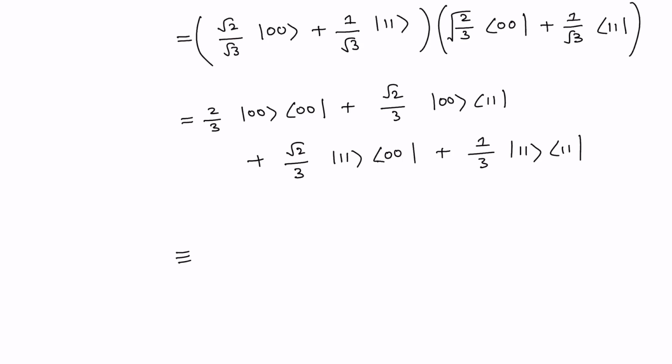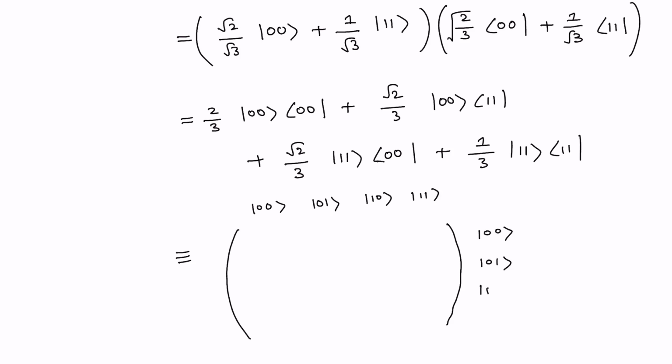Therefore the density matrix would be as follows. Again, you just arrange the rows as 00, 01, 10, 11, and in the columns you have 00, 01, 10, 11.